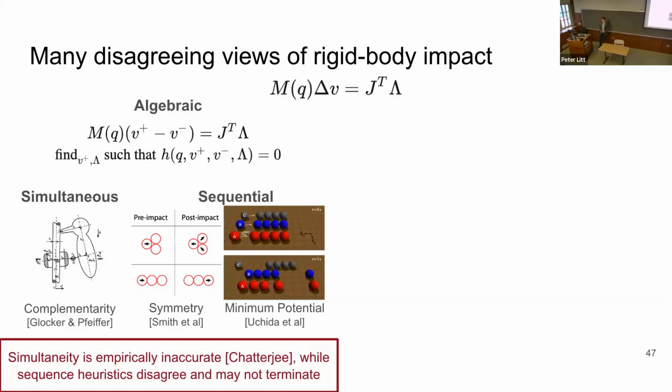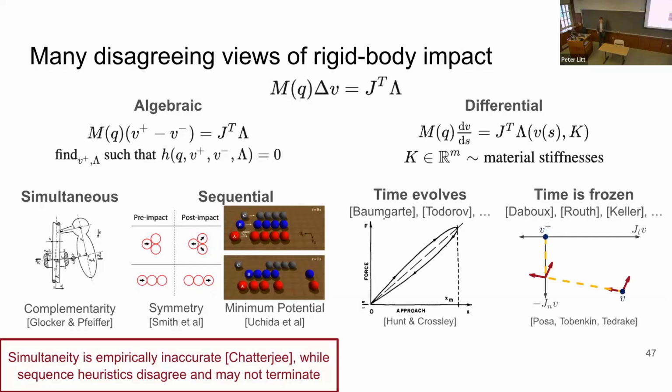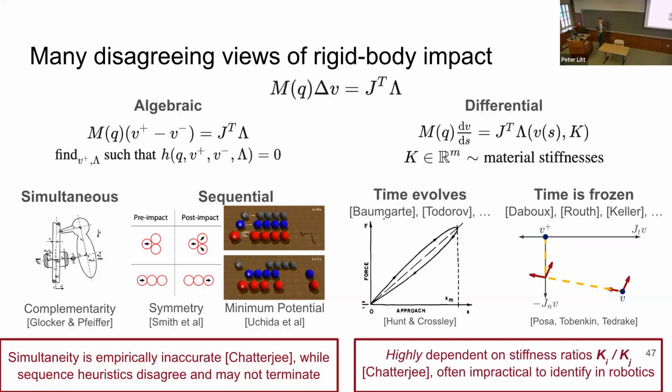A higher fidelity approach would be to instead say that we should take some sort of rigid body approximation, maybe with some notion of compliant contact, that can map the compliance or stiffness of materials to resulting outcomes. And these models are generally less tractable computationally, but they add this fidelity, this accuracy, at the expense of having to know more about your system.